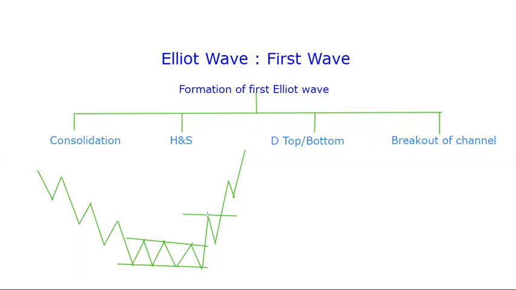So once you see a breakout, you wait for the market to retest the breakout, you get a buy signal, you take the trade. Your SL would be below the low of this wave, because as per the Elliott wave rule, the second wave, which is this one, should never go below this line.